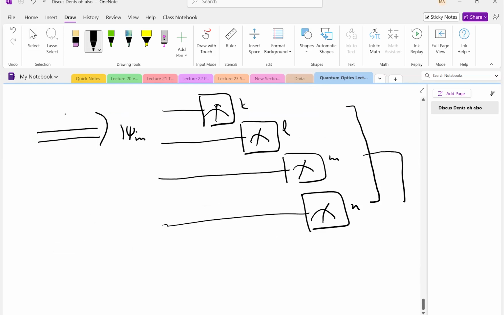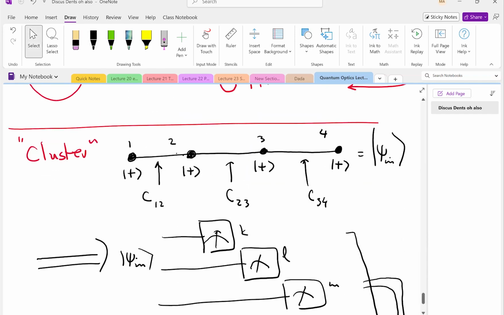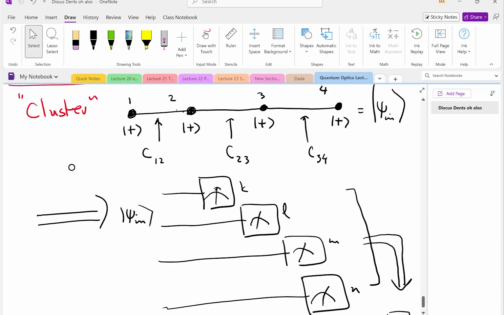If these outcomes are specific and I have another qubit, then the state of this qubit will simply be a unitary operation acting on the input state. This is what we call a cluster state. So you generate your physical qubits, you initialize them in a superposition state, and then do controlled gates between those qubits.